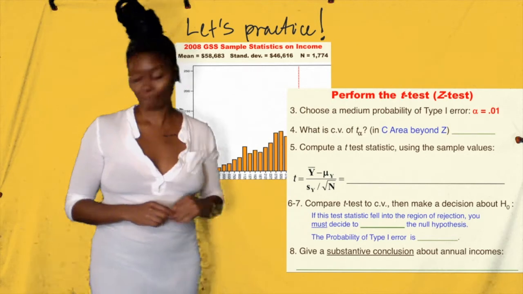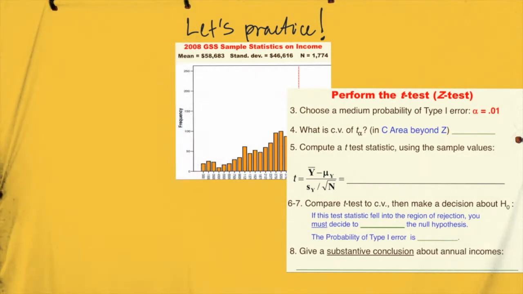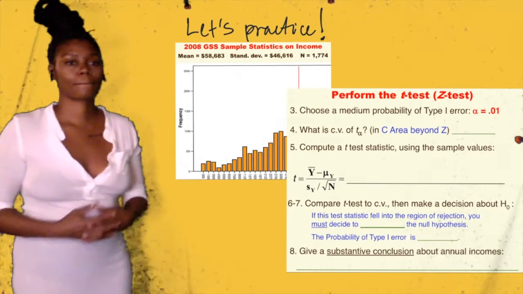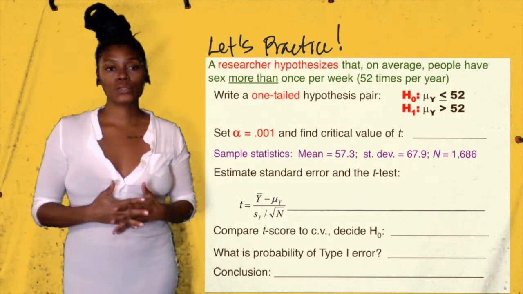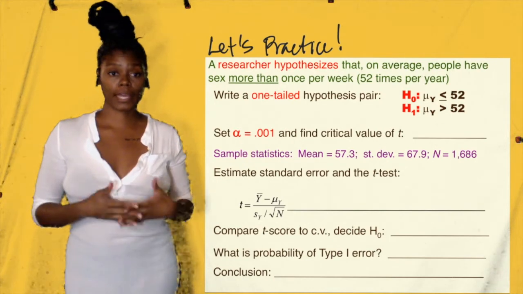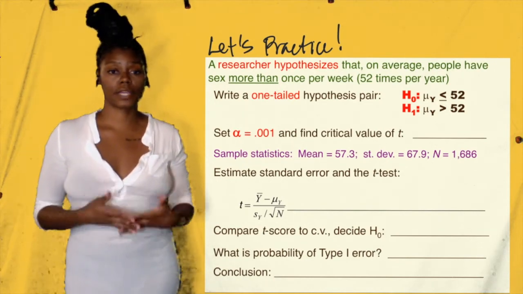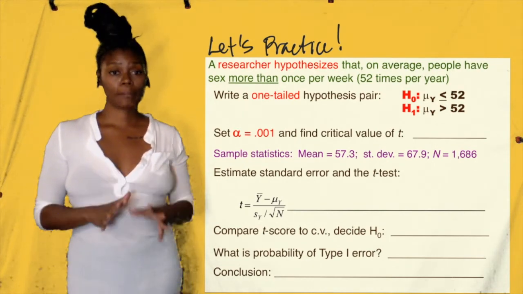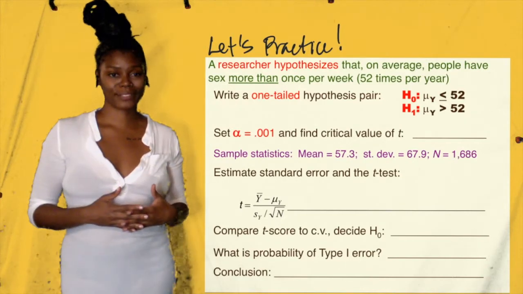Give it a shot. Okay, here's one more example using the sex frequency variable. Again, you have all the sample statistics that you need. Take a few minutes, pause here, and try to complete this one. I'll give you a second.